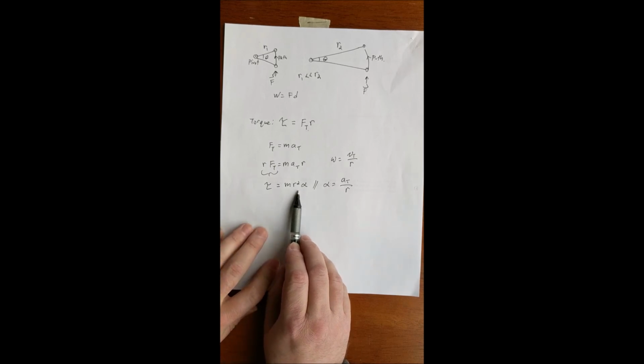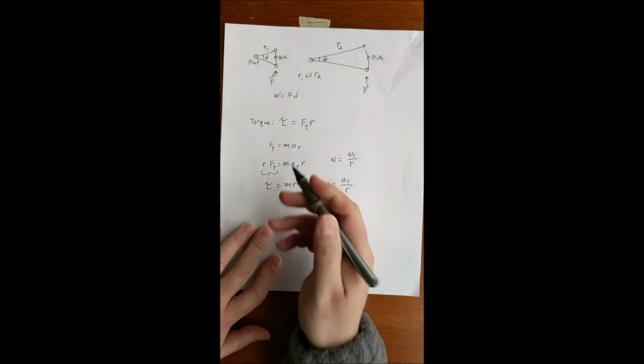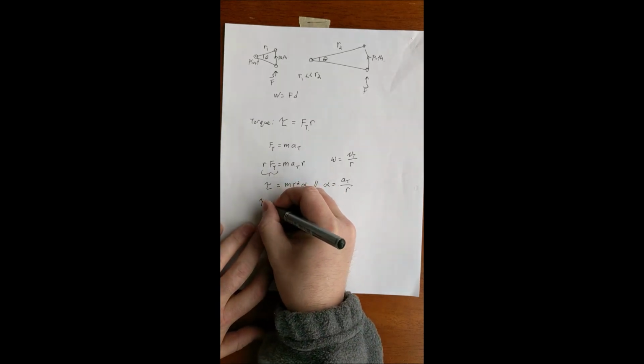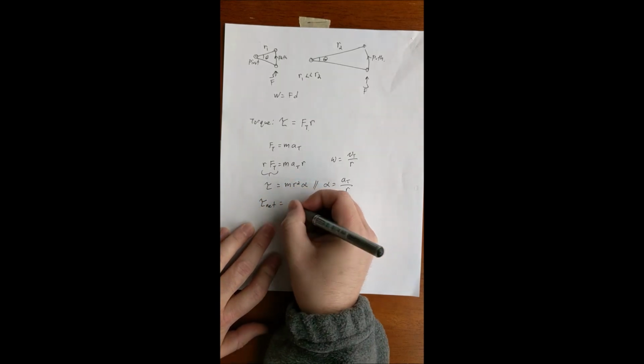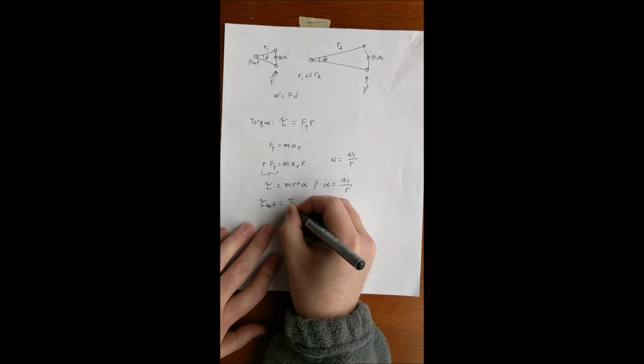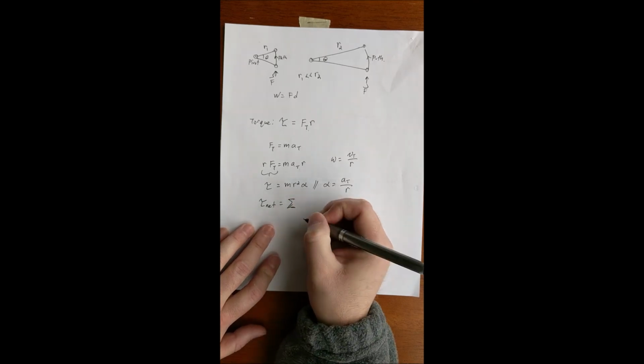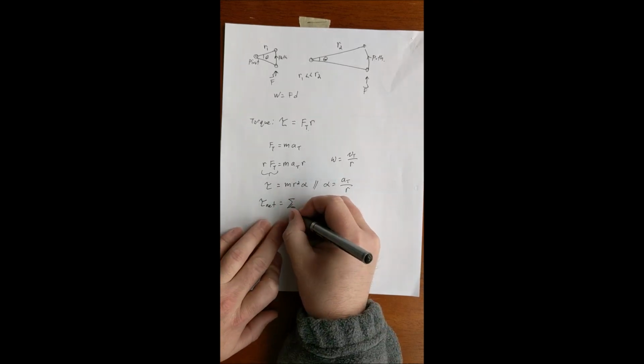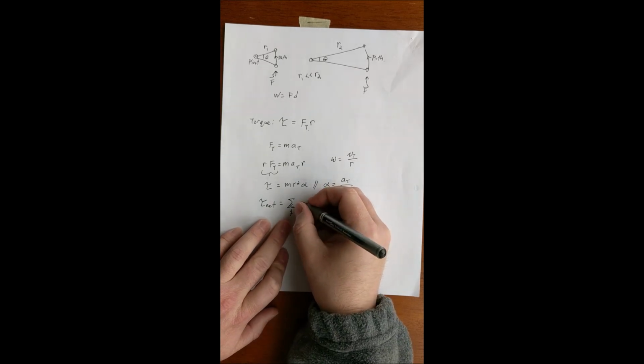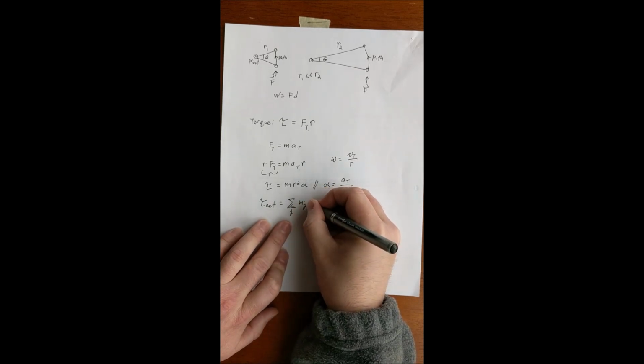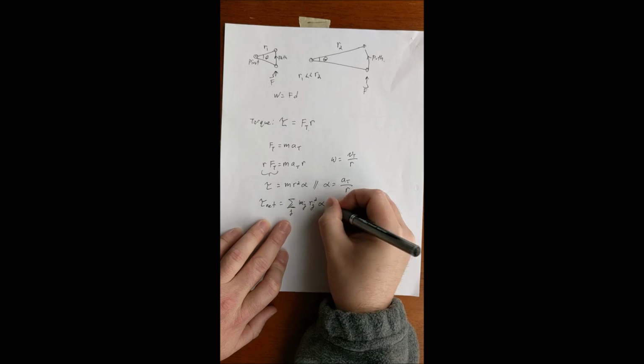So now if we have many individual particles, or a rigid object made of a collection of particles, as all things fundamentally are, I can find my torque net by just adding up all the individual components of all the individual particles. So the sum over j, m_j, r_j squared, alpha, right?